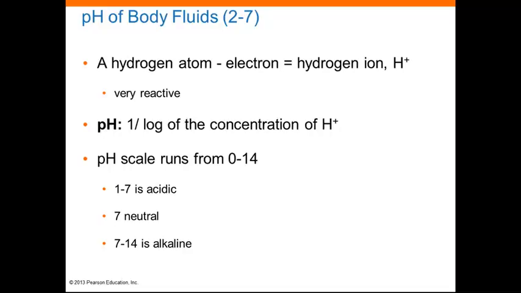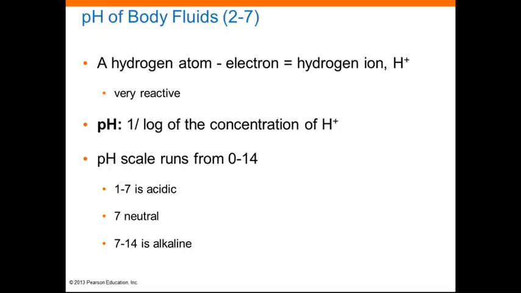And so the pH is a measure of the concentration of these hydrogen ions, and it's actually an inverse concentration, so it's 1 over the log of the concentration of hydrogen ions. And so the higher the concentration of hydrogen ions, the lower the pH. The pH scale runs from 0 to 14, 7 being neutral.